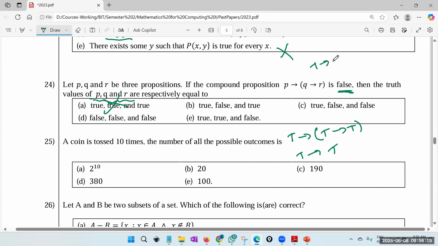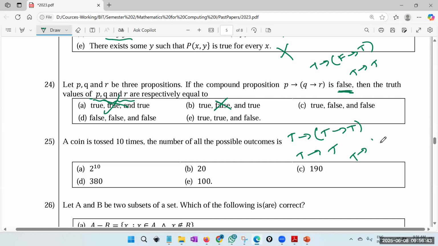True implies false implies true. False implies true is true. Right? That is true implies true. Remember the truth table? False implies true is true. And true implies true is true. But it says false.